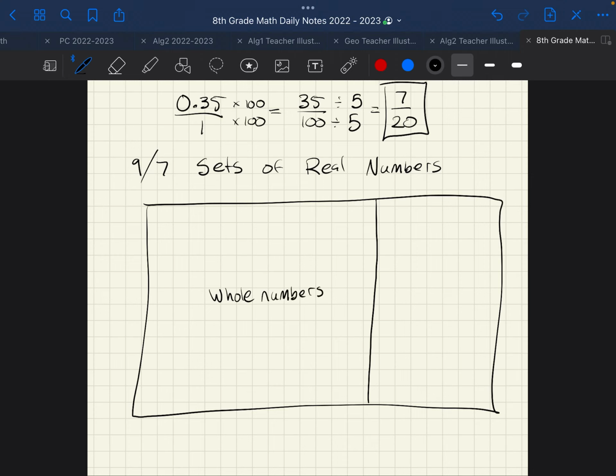But that is a terrible name, and I'm not going to call them whole numbers. Your book calls them whole numbers. I'm going to call them natural numbers. And an even better name for them that sometimes I'll use is counting numbers.